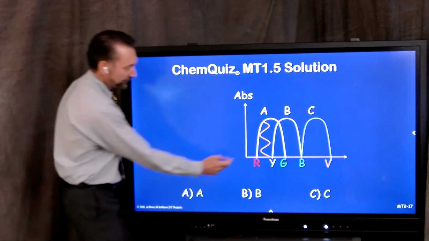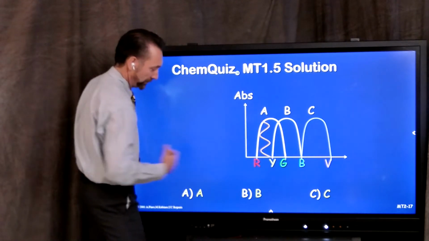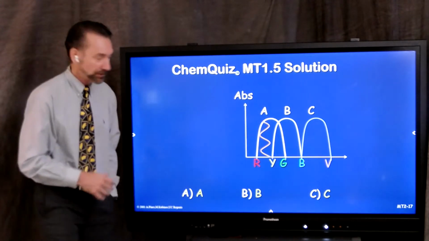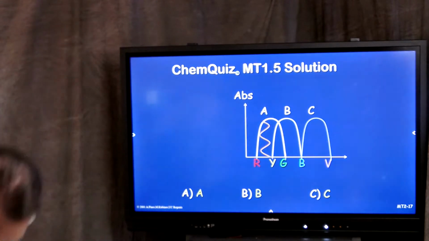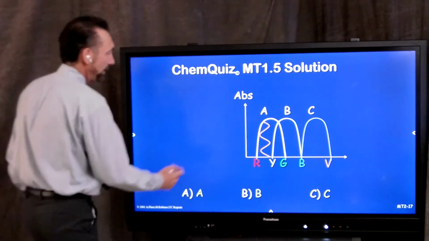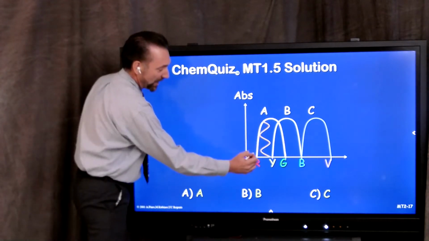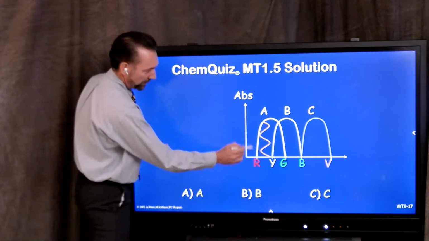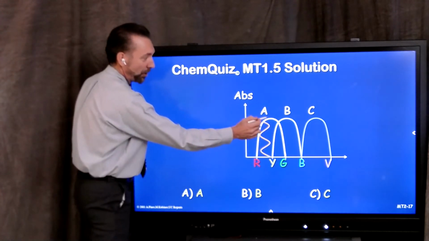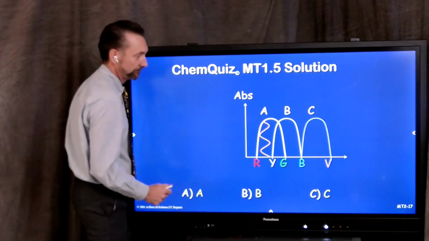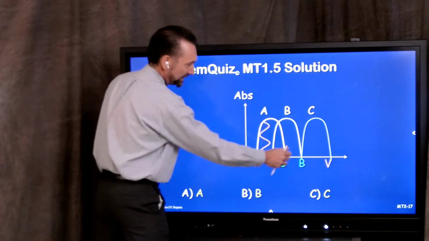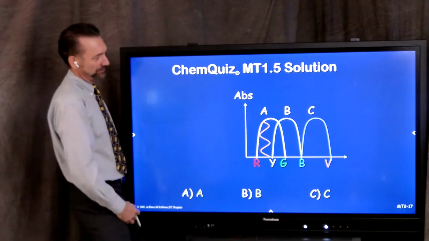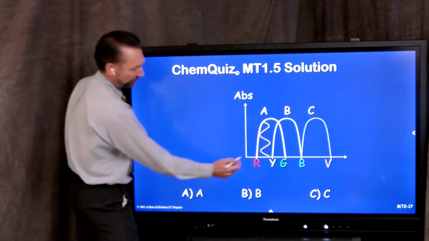So here's where an orange photon would show up. And if an orange photon shows up there, that means it would be absorbed by A. So A's absorption is strong in the orange region. B and C, neither of those absorb very well in orange.